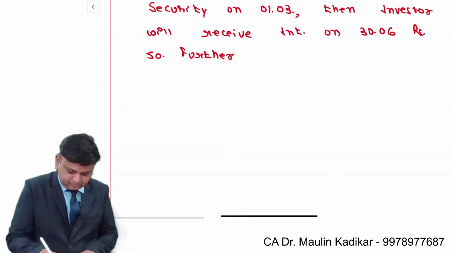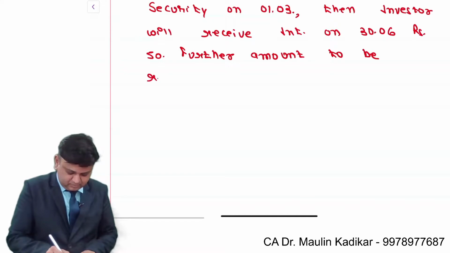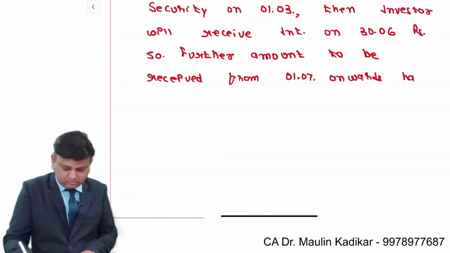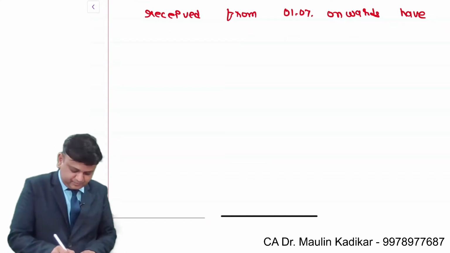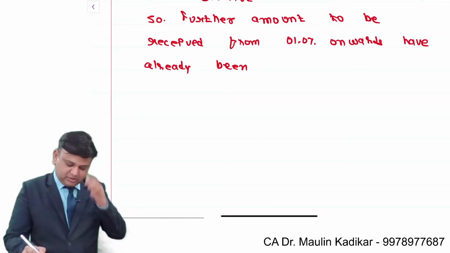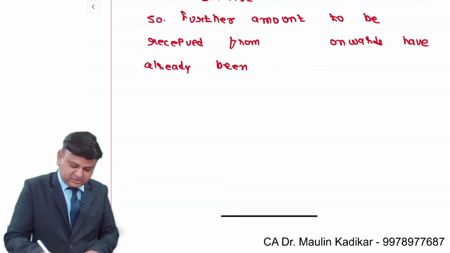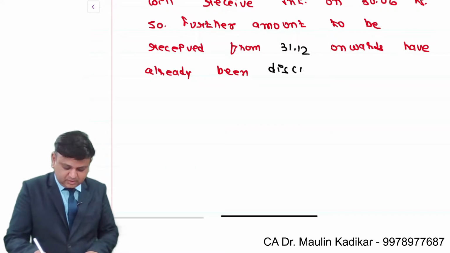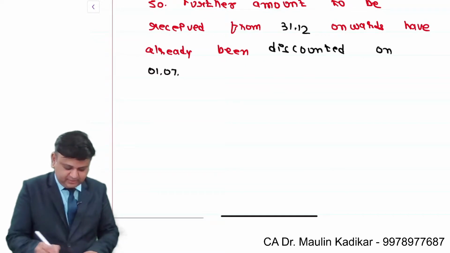Further, amount to be received from 1st of July onwards, from 31st of December onwards, have already been discounted on 1st of July.